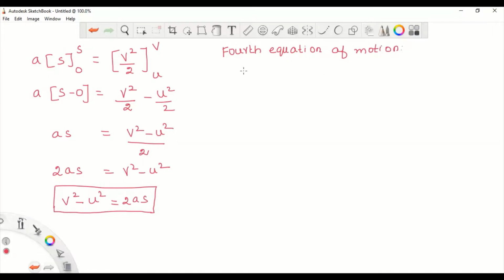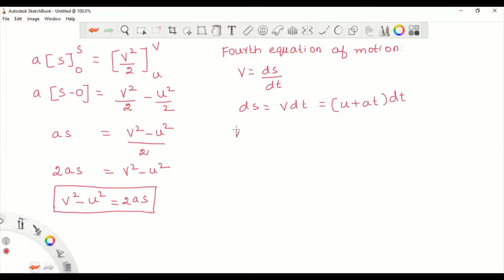So again we know that v is equal to ds by dt. So ds is equal to v dt. And already we know what this v is from the first equation of motion: u plus at into dt. Okay.